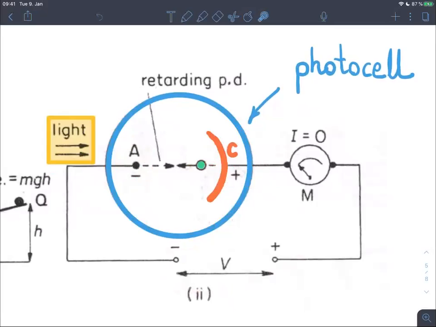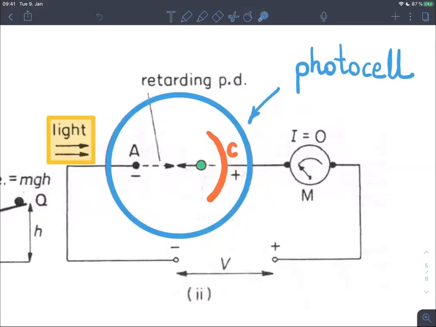Because by connecting the power supply as shown, the ejected electrons will be repelled from reaching A. Don't forget that electrons are negatively charged, and so if terminal A is connected to the negative terminal of the battery, then the electrons will experience a retarding force, an electric repulsive force.